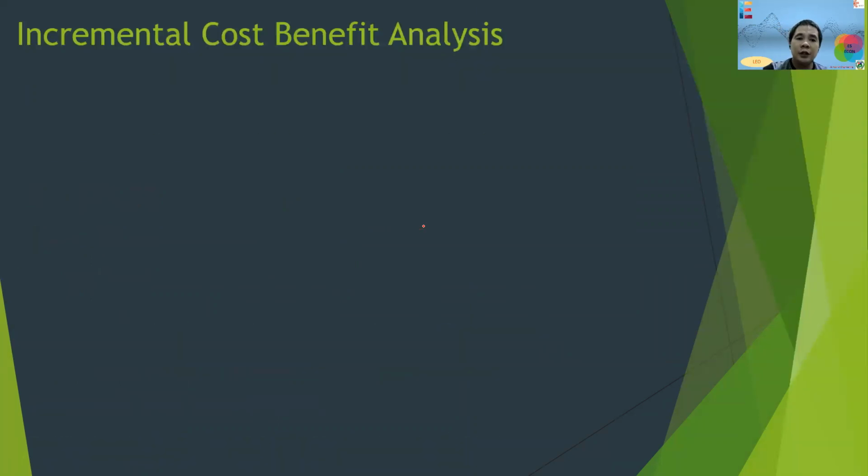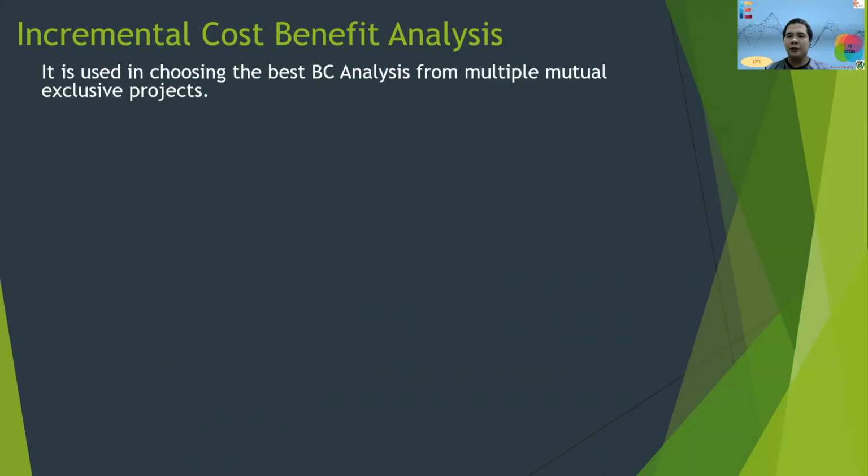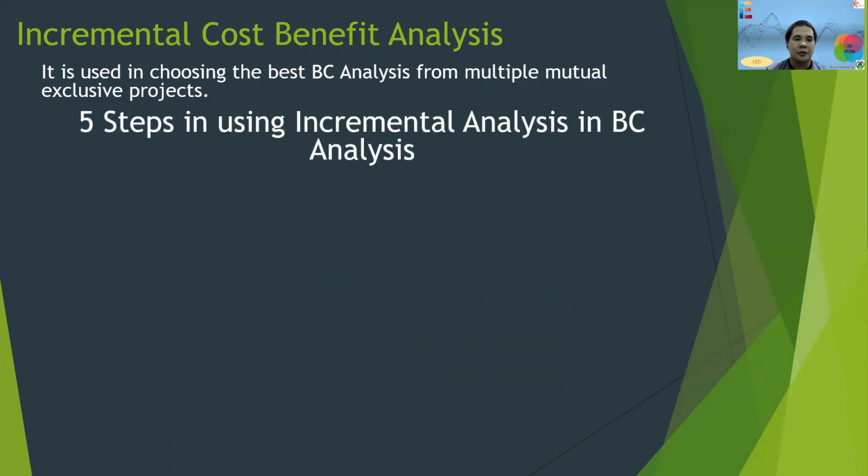So now let's proceed to incremental benefit cost analysis. There are certain times wherein you have to choose a project out of many alternatives. By this way, you will be choosing the best BC analysis from multiple exclusive projects. There are 5 steps actually in doing this one.